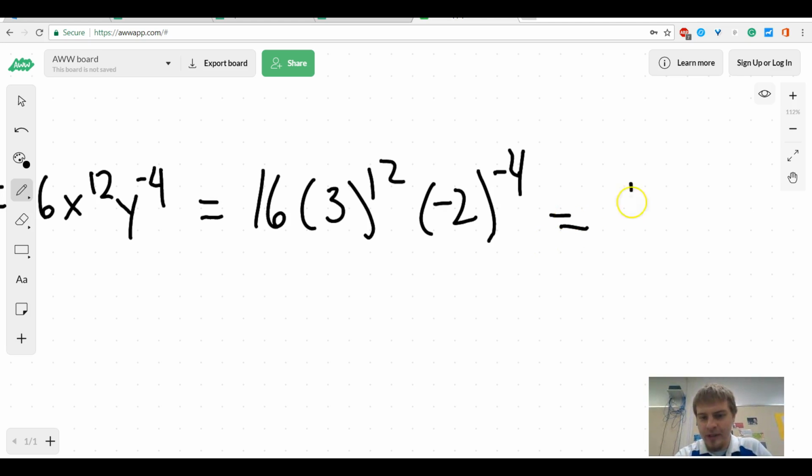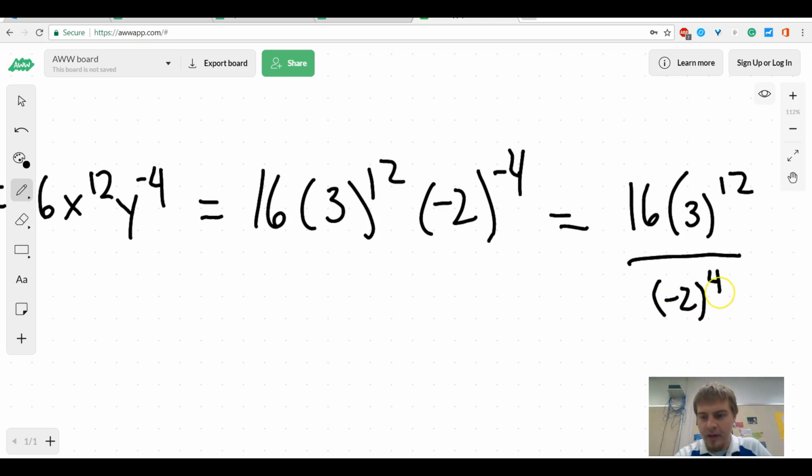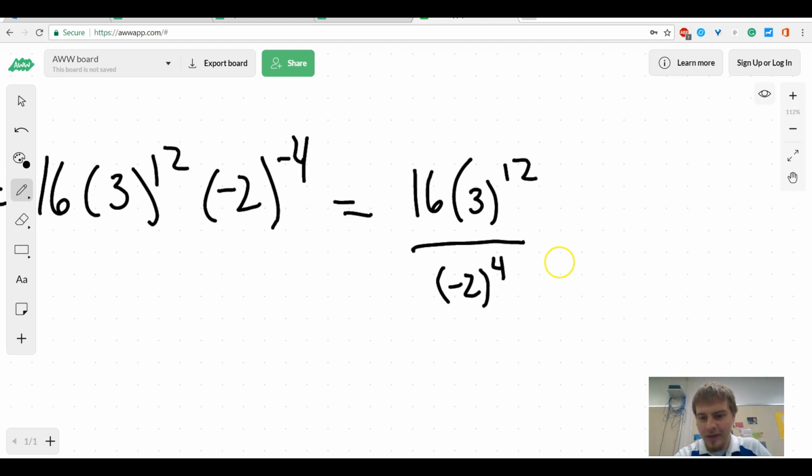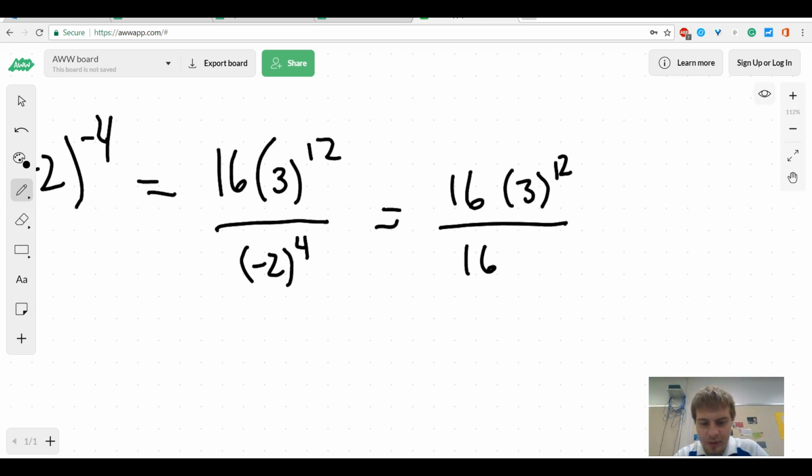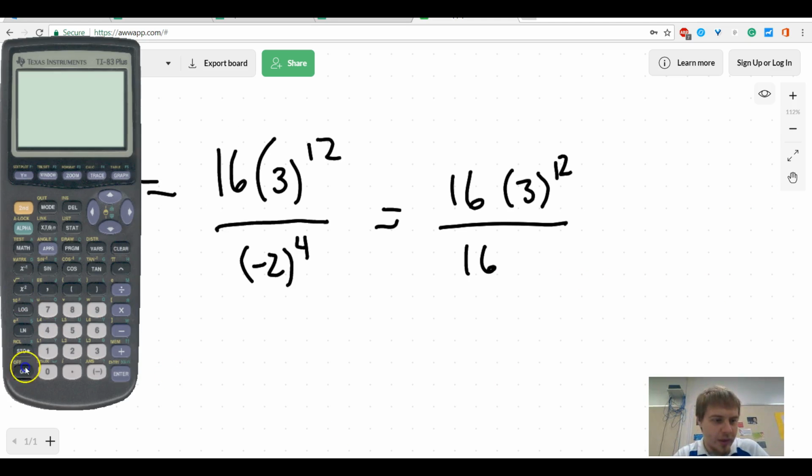So this will be 16 times 3 to the 12th over (-2) to the 4th. Now I can do (-2) to the 4th. That's going to be 16. And 3 to the 12th is going to be a big number. So I'm going to leave the rest of this for my calculator to do.